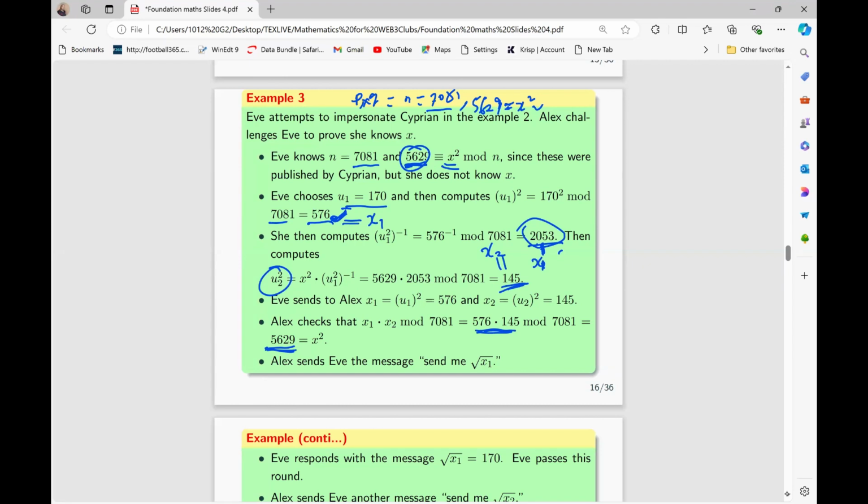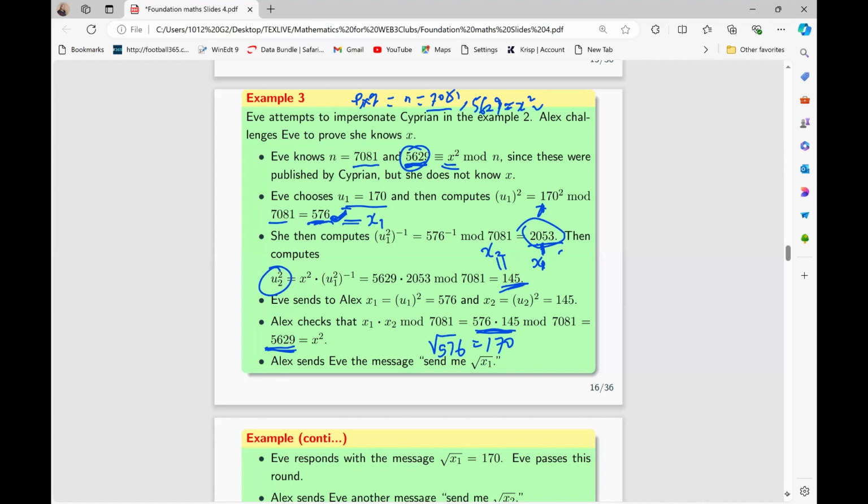Alex asks, give me the square root of 576. She goes back to her computation, and 576 was the square of 170, so she sends Alex 170 as the square root of 576.